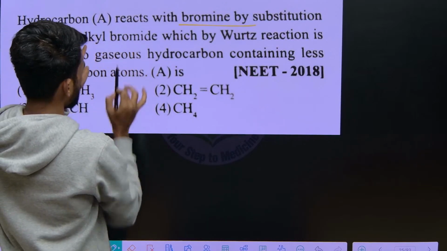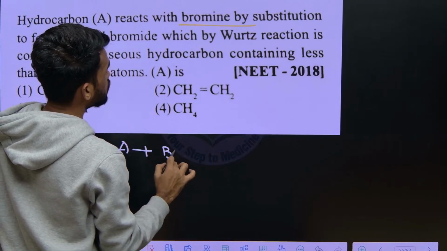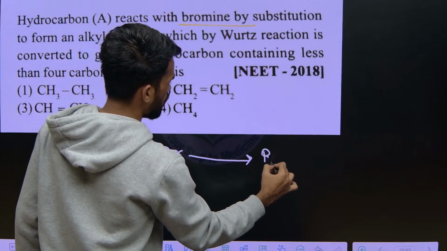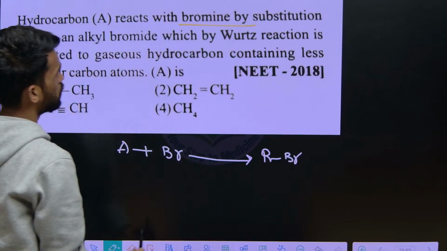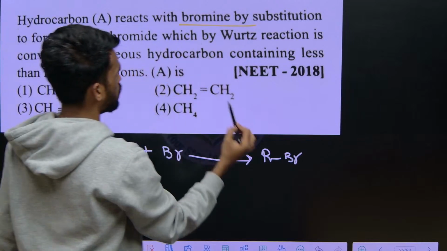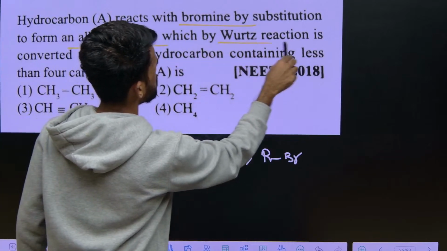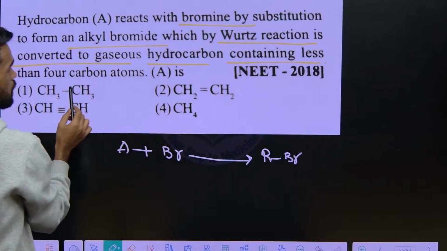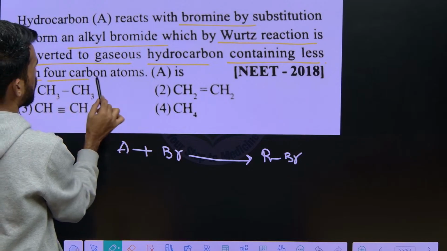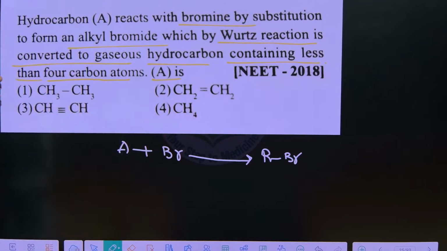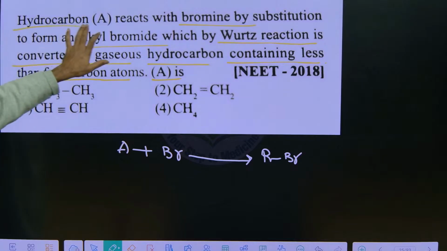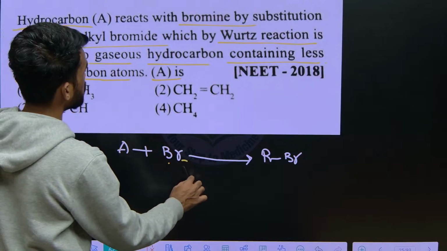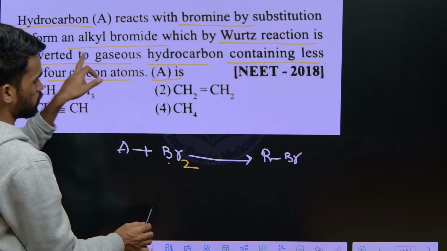Hydrocarbon A reacts with bromine by substitution reaction to form alkyl bromide. So we got alkyl bromide, which by Wurtz reaction is converted to a gaseous hydrocarbon containing less than 4 carbon atoms. See what they are saying: a hydrocarbon A is taken, reacts with bromine by substitution reaction to form alkyl bromide.